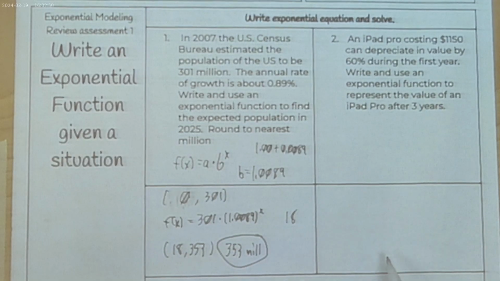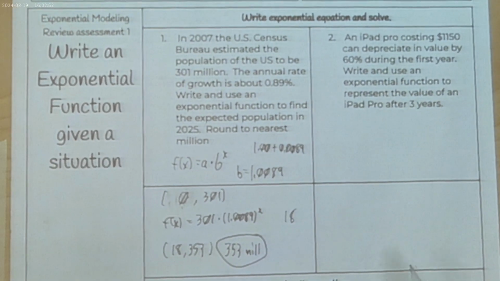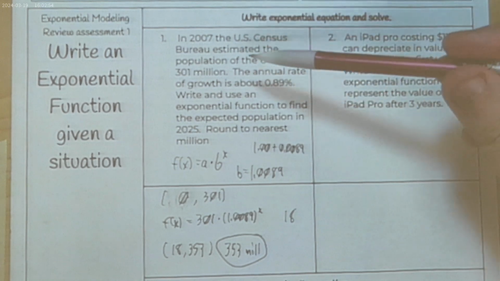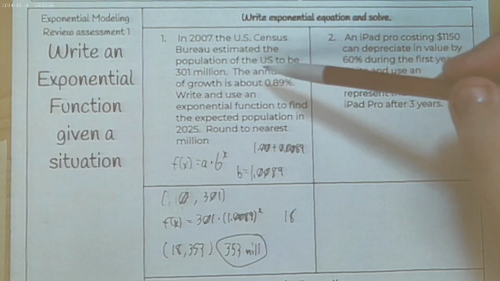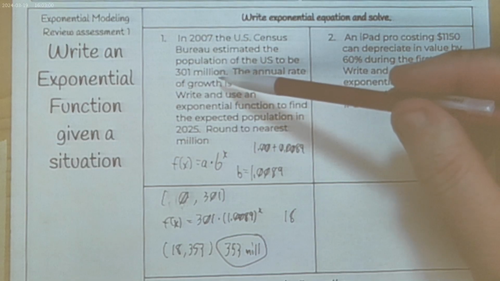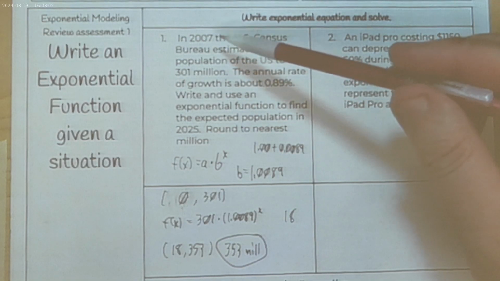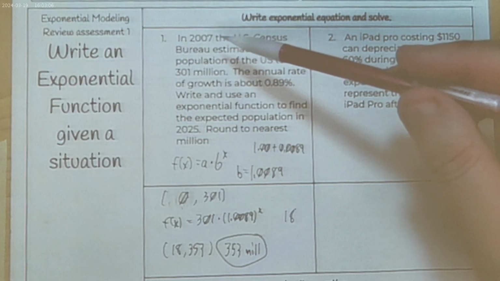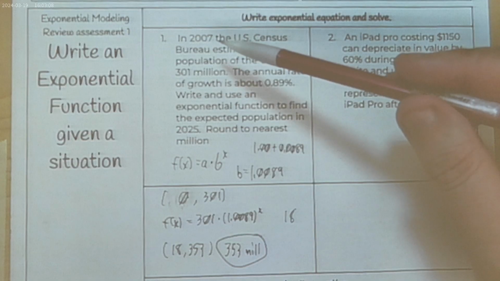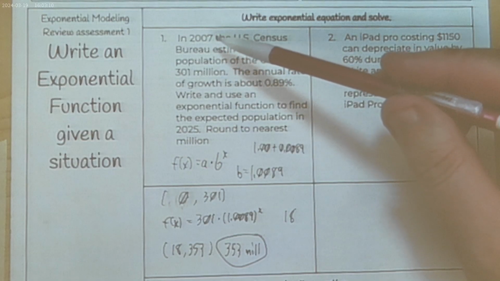Question then became, how do we find A? The way that we found A is basically by reading the question. So in 2007, the U.S. Census Bureau estimated the population to be 301 million. If you ever have a dimension that utilizes time, then that is going to be your X value.